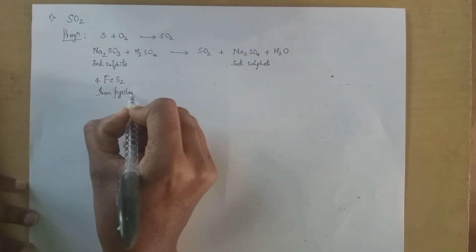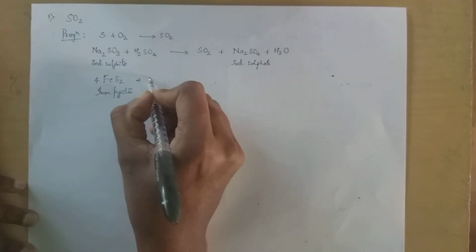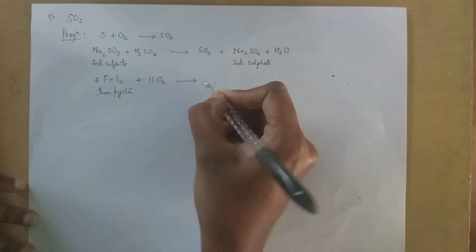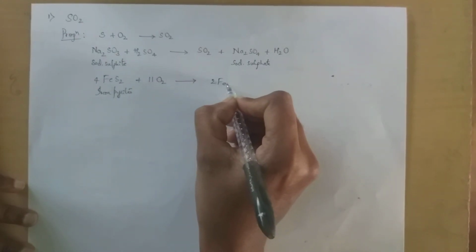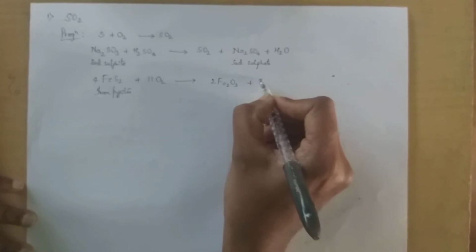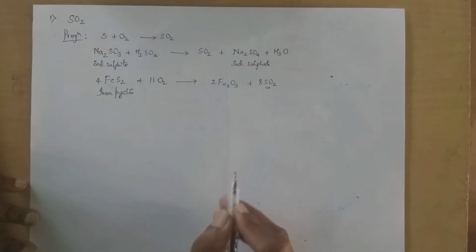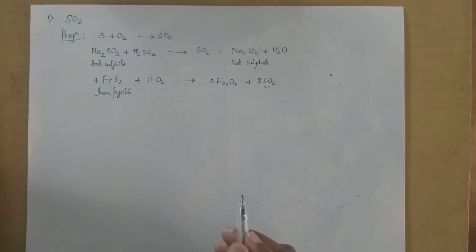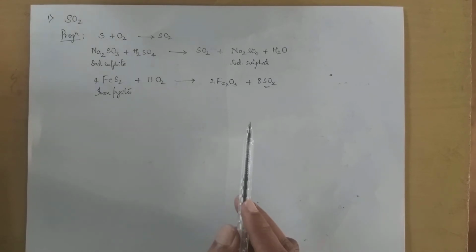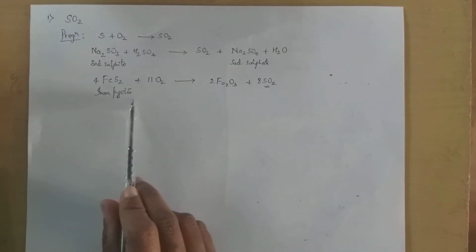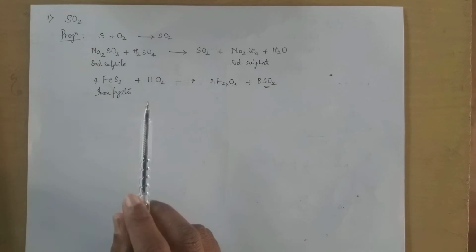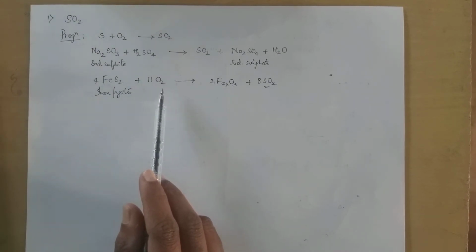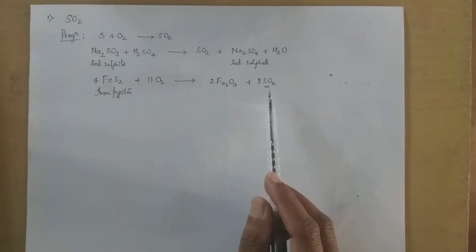This undergoes heating in presence of oxygen or air, we are going to get Fe2O3 plus 8SO2, okay na, we are going to get sulfur dioxide. Clear? So from any sulfide ores we can prepare sulfur dioxide. So here we have the example, iron pyrites undergoing burning in presence of oxygen or air, we are going to get sulfur dioxide as a byproduct.